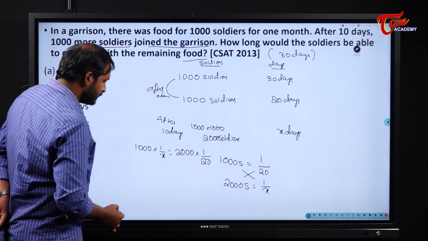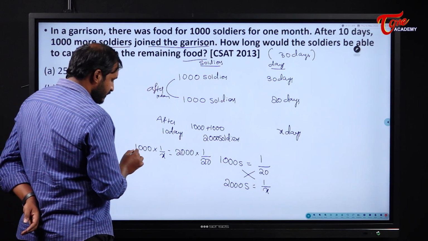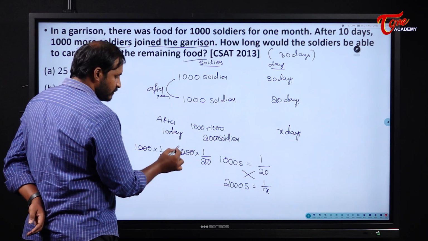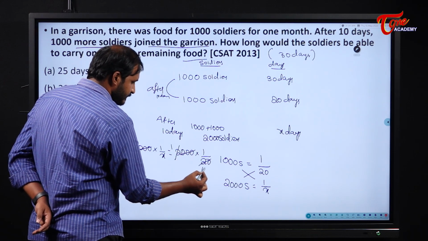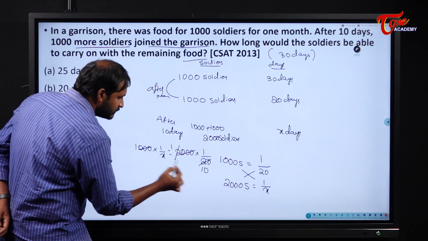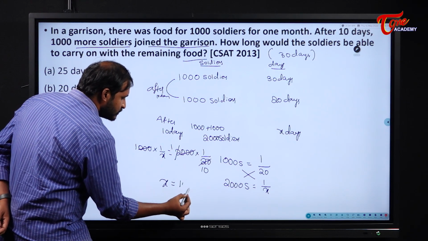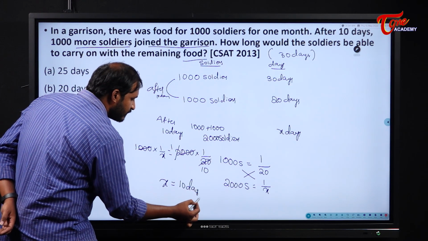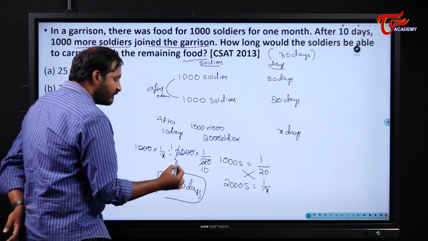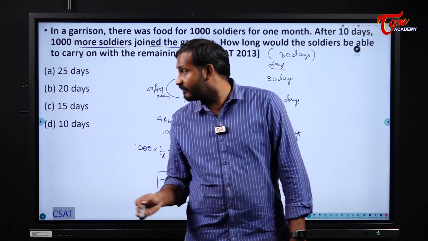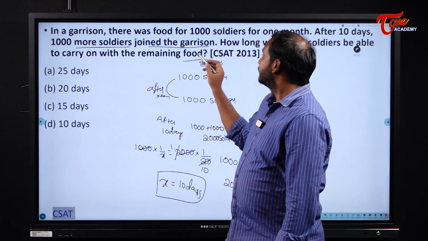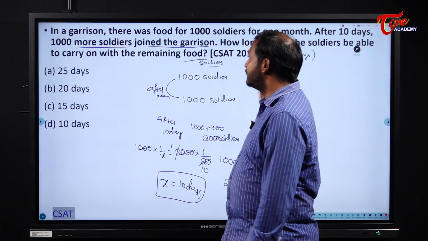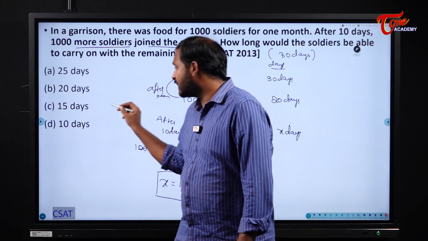Observe here: 3 zeros get cancelled, 2 ones, 2 tens. So 10 will come here and x will go there. So x is 10 days. The food will last for 10 more days. How long would the soldiers be able to carry on with the remaining food?